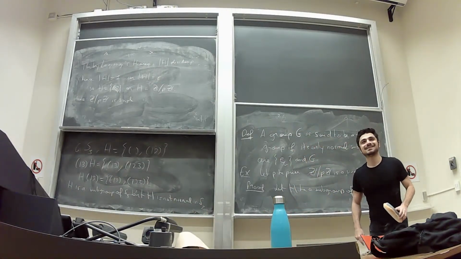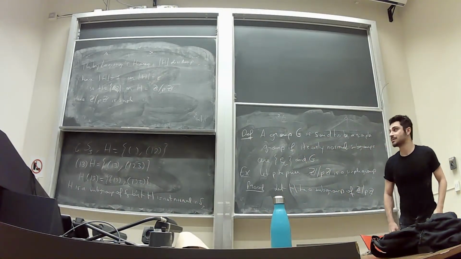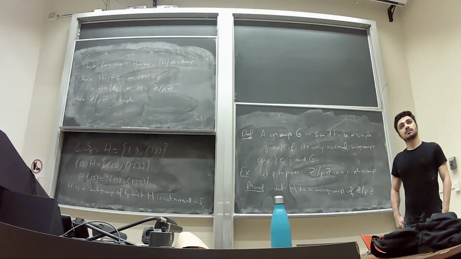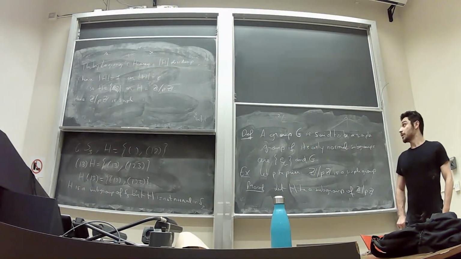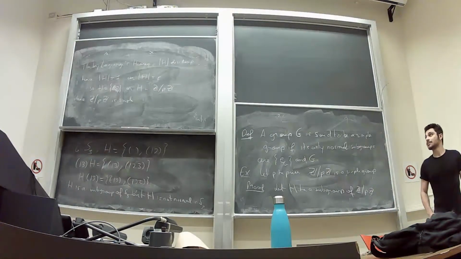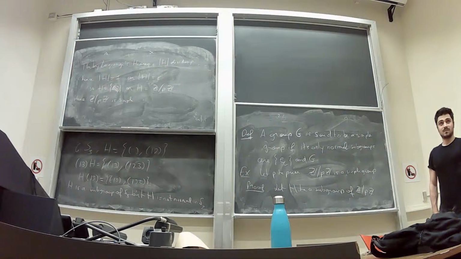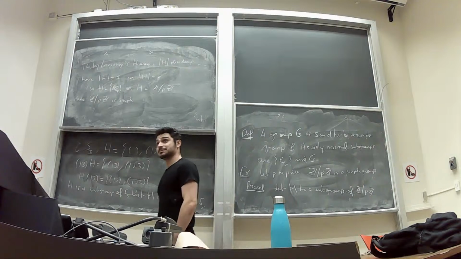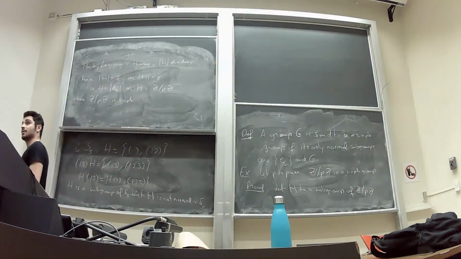This makes sense for S3, but with reference to a simple group, will it always only have two subgroups? It will only have two normal subgroups. That's the only subgroup that exists for Z mod pZ, yeah, that's right.